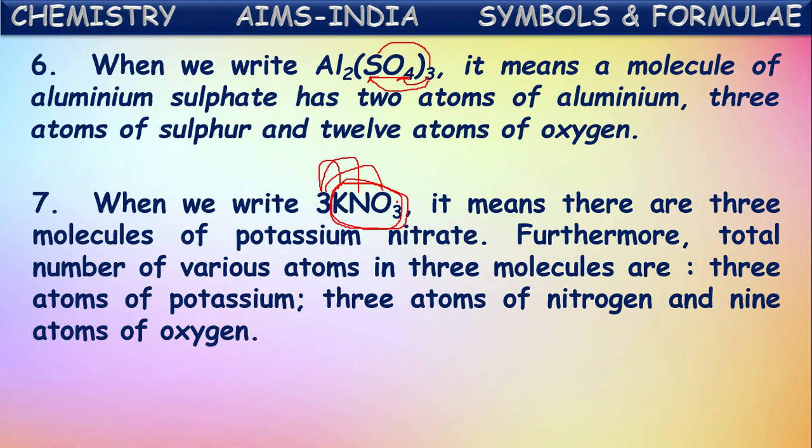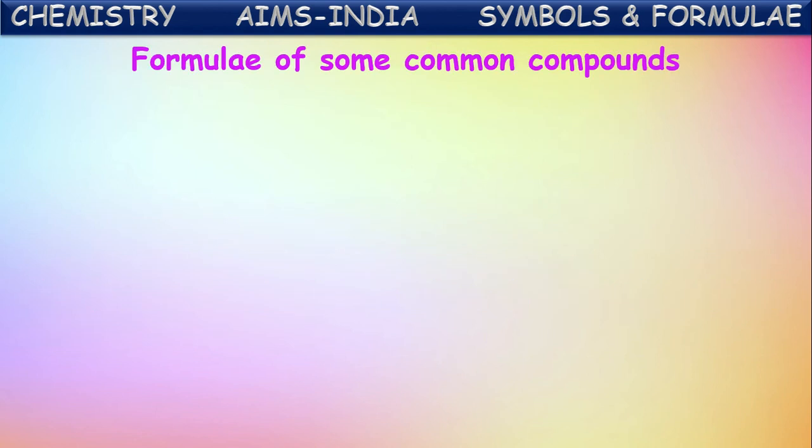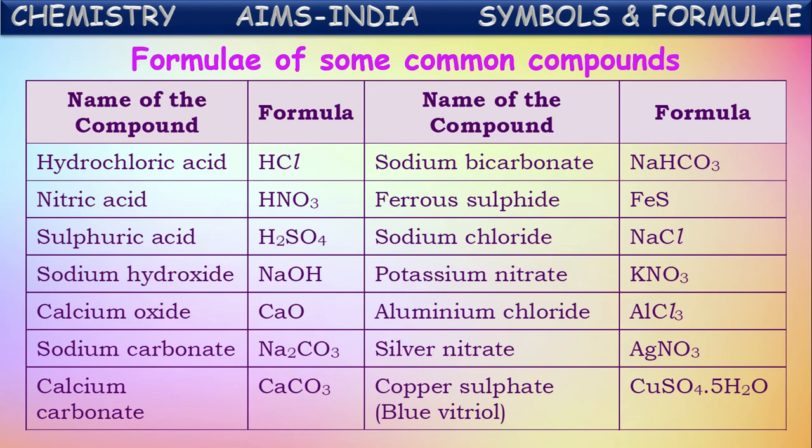Got it? Now let us see formulae of some common compounds which we use in general life and general science studies. Hydrochloric acid, which is one of the familiar acids, has the formula HCl. Nitric acid is HNO3.